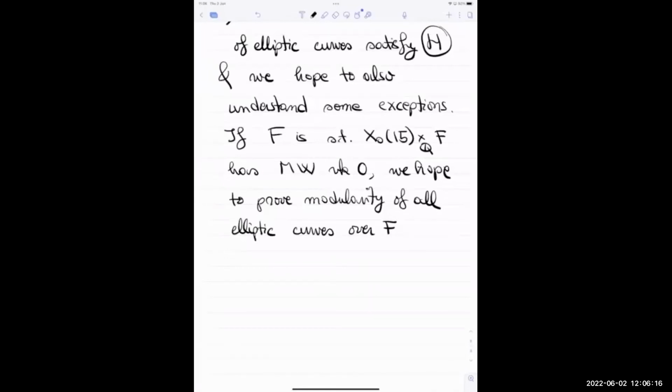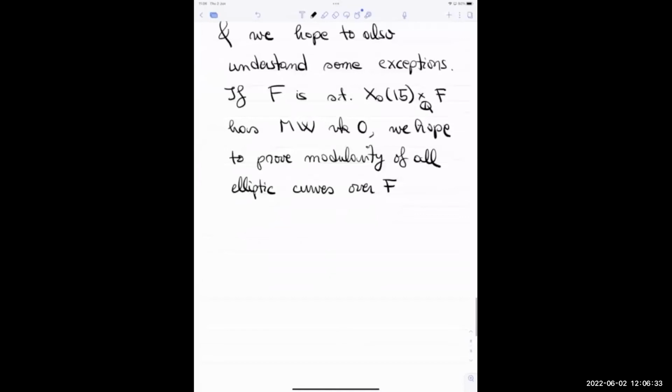Somehow you can show that there are really only finitely many exceptions if this particular elliptic curve has Mordell-Weil rank 0 over F. So that's the big obstruction, the source where you have infinitely many elliptic curves that we cannot yet understand.